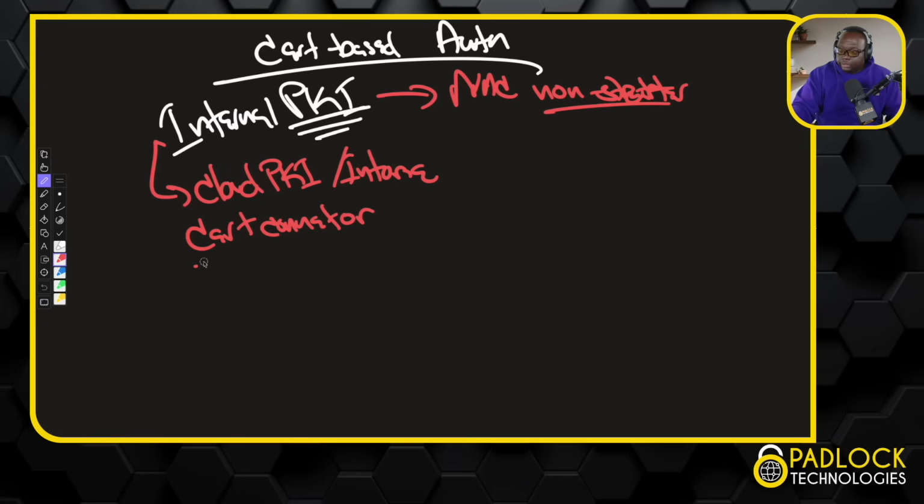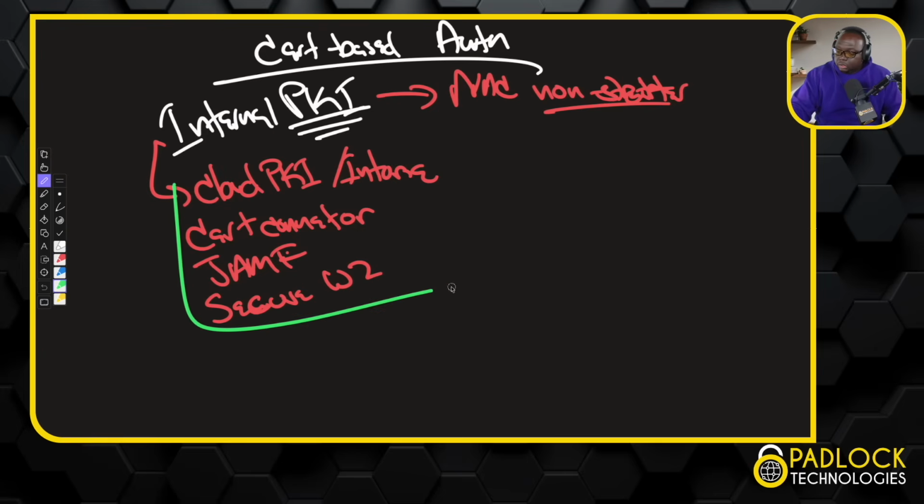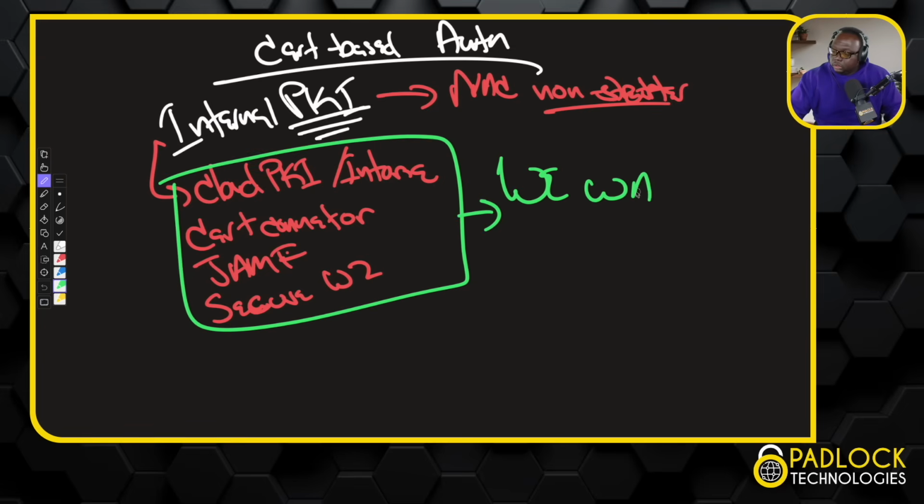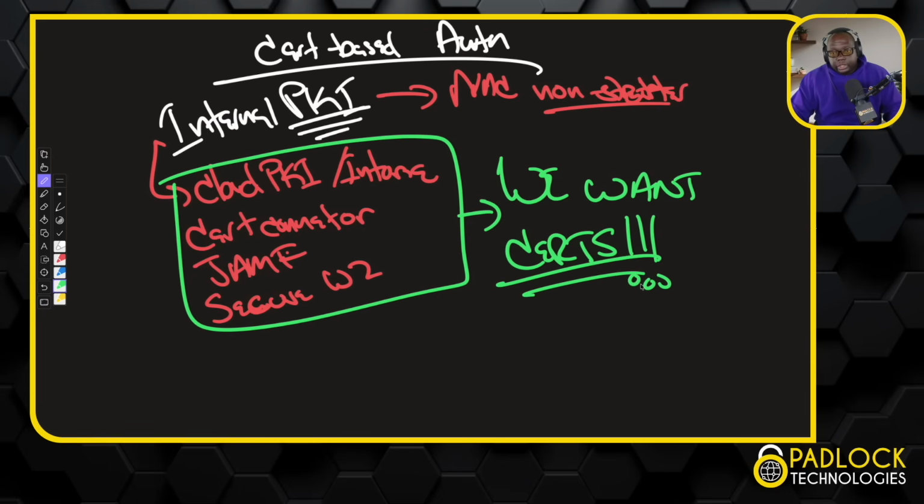You have to use Jamf for Macs, or you can use Intune for Macs, or you can do SecureW2. Whatever you have to do, Microsoft pretty much said, for security purposes, we want certs. That's it. And since we own the operating system, we can tell you what you need to do and you can't really do anything about it.